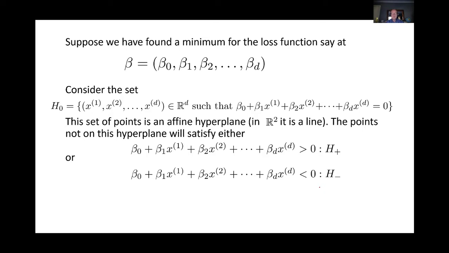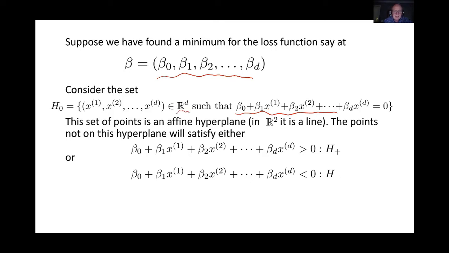So let's look at what's going on. We have found these betas here. Let's say we've minimized the loss function. We have found these betas, and so let's look at the set where this z is 0. So where beta is 0. And so we're looking at all the points in R^d such that this is 0.